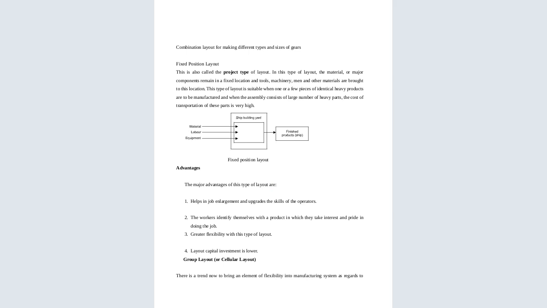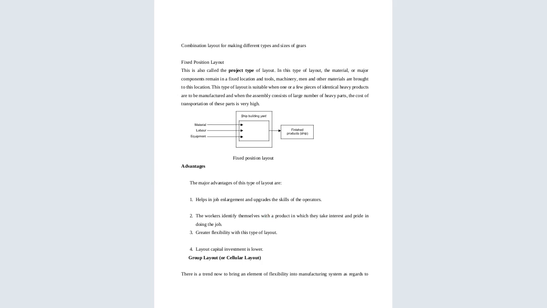So this type of layout is suitable when one or a few pieces of identical heavy products are to be manufactured, and when the assembly consists of large numbers of components. So this is a fixed layout with material, labor, and equipment, and finished products being fixed there.